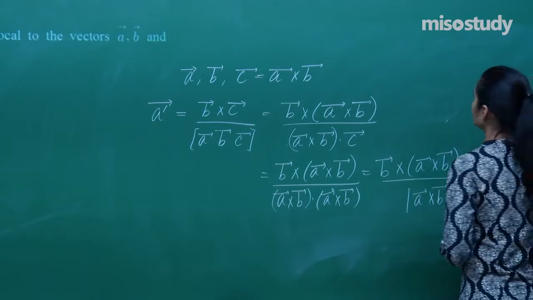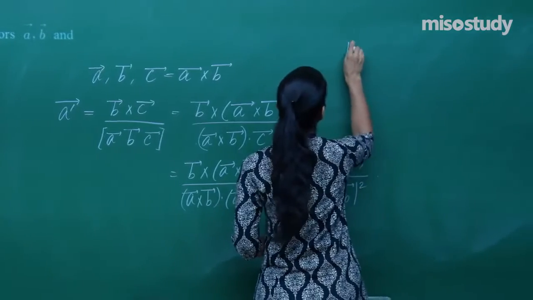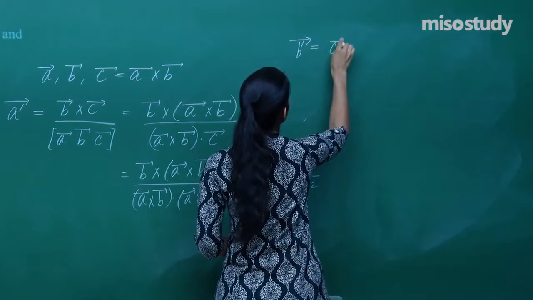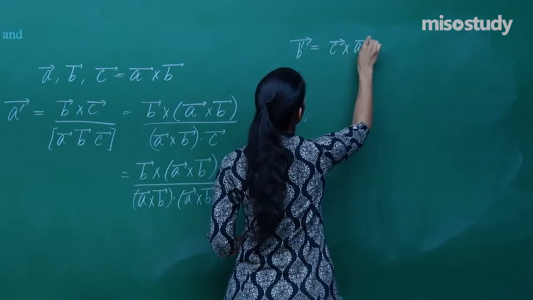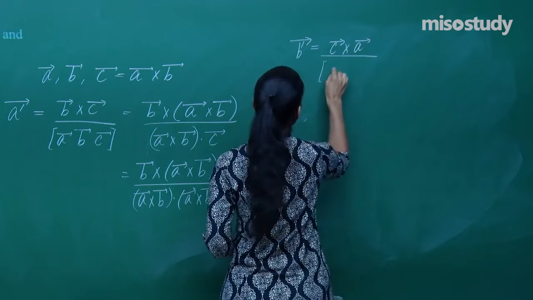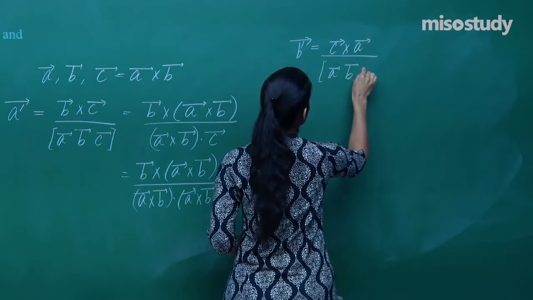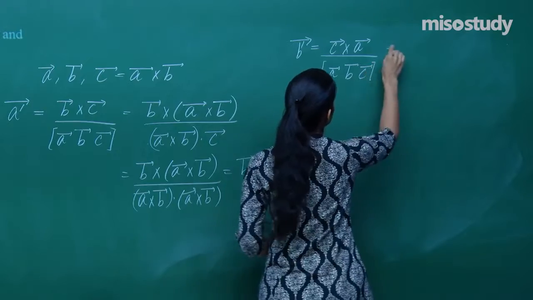Exactly in a similar fashion, there will be B dash vector, which is C cross A upon again scalar triple product of A, B, C. C is what?